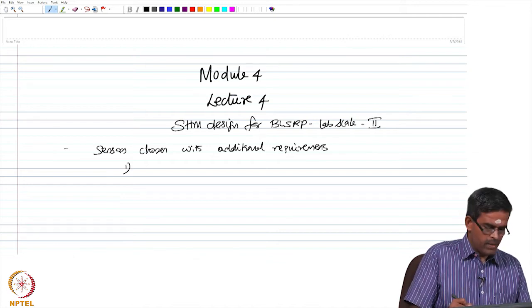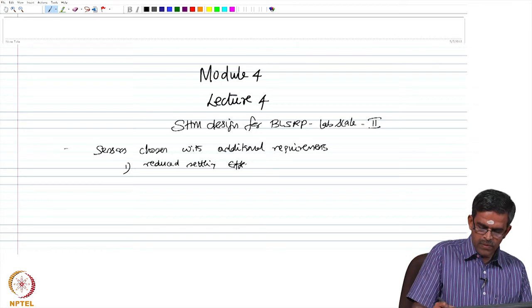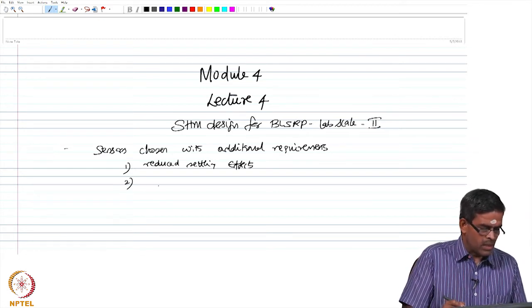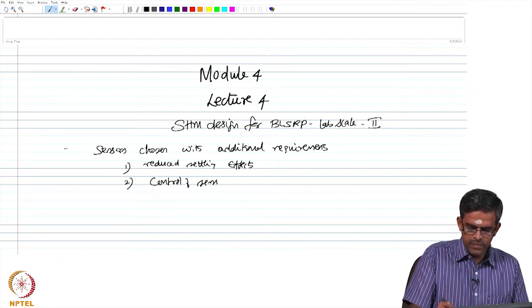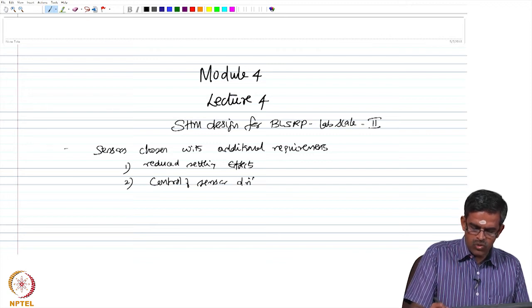Namely, it should have a reduced settling effect, it should also have the control of sensor drift. So, keeping this in mind, sensors have been chosen.